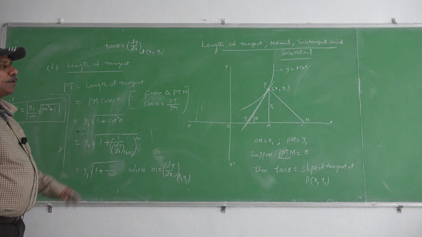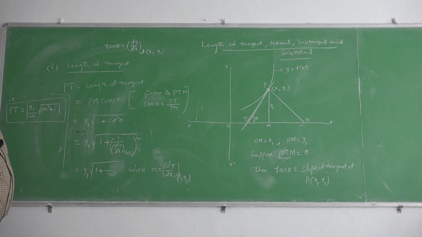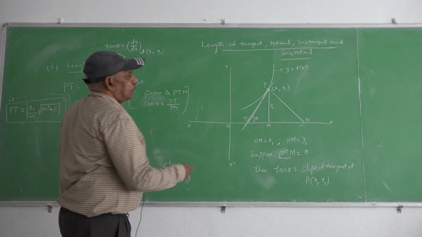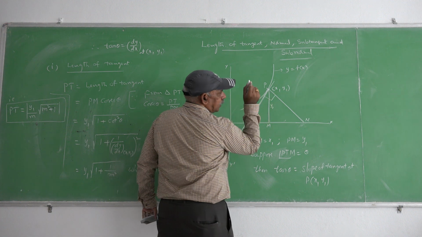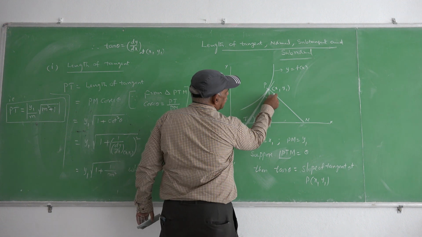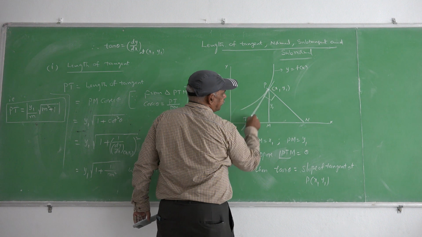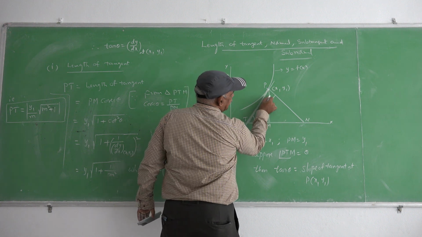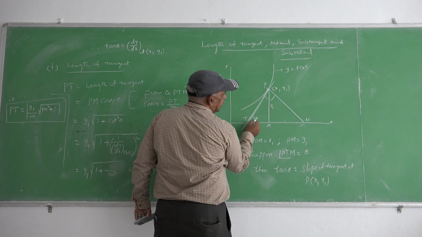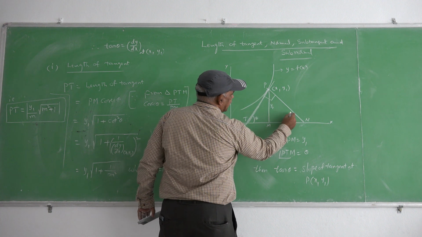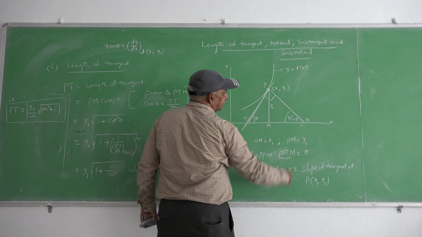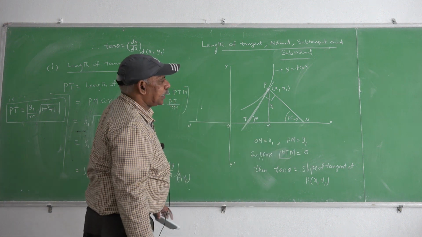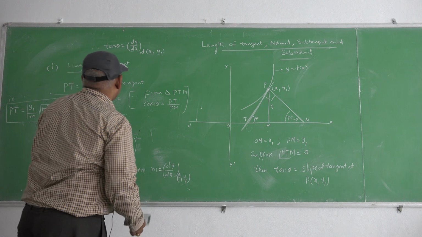Similarly, from the same figure you can find the length of the normal also. The tangent and normal are always at right angles. Hence, this is a right angle triangle. This is 90 degrees, this is theta, hence this angle is 90 minus theta.